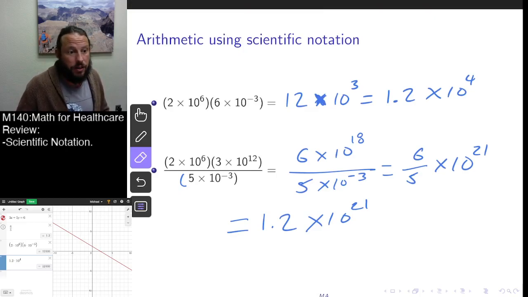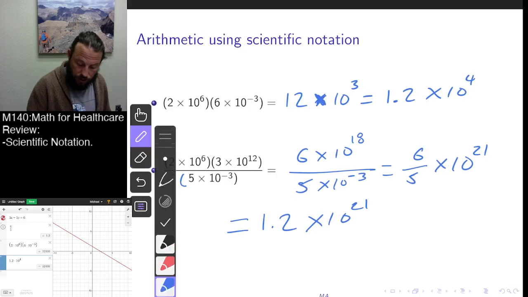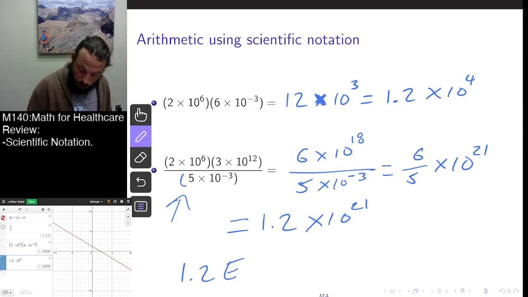And I think I better say here, Desmos doesn't do it, but if you're using your calculator, something like if you plugged in this second one into your calculator, you may get something that looks like this: 1.2 capital E 21.